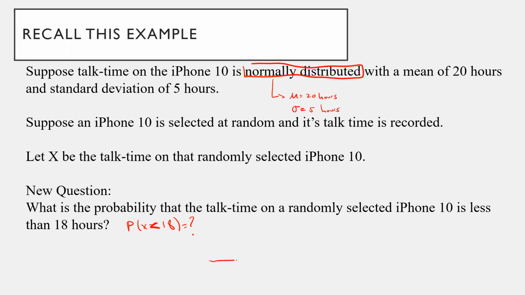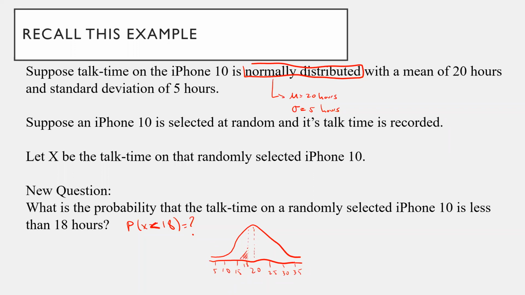If you were to sketch the density curve for this, you would see what I was hinting at. Oh, that's a terrible curve, I'm sorry. Here's 20, and then you would add standard deviations: 25, 30, 35. You would subtract: 15, 10, 5. And 18 does not fall on a nice standard deviation. It's kind of right here.